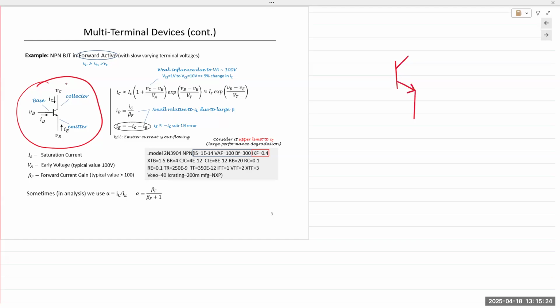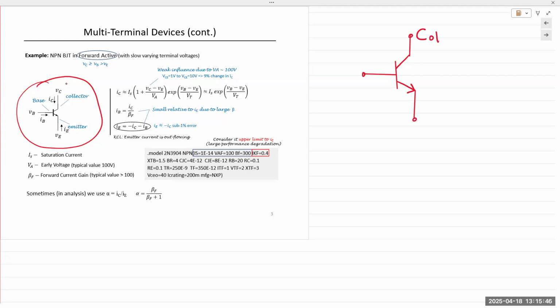It's 2 angled lines, and you have 3 terminals. We'll talk a bit more about the arrow and the junctions, but right now let's focus on the terminals, because we're going to analyze a system based on these terminals.